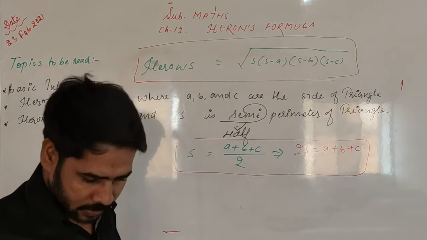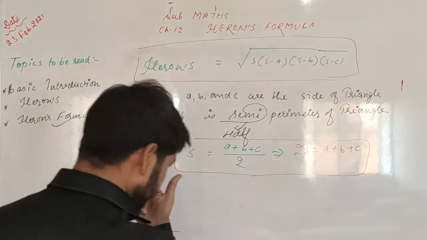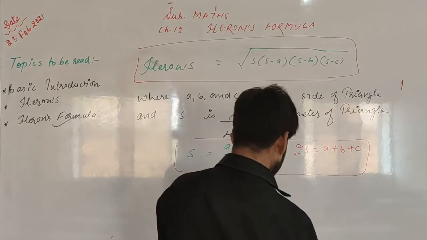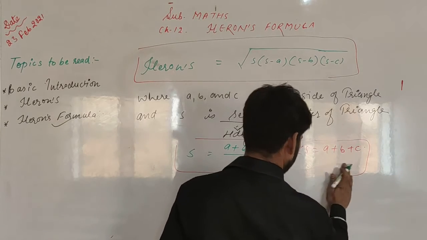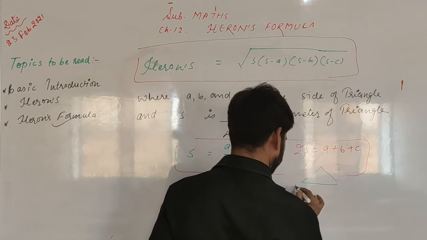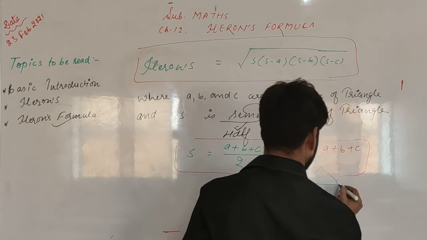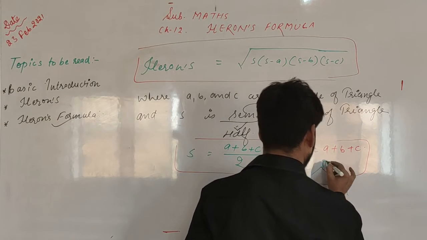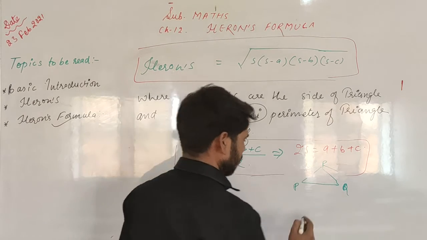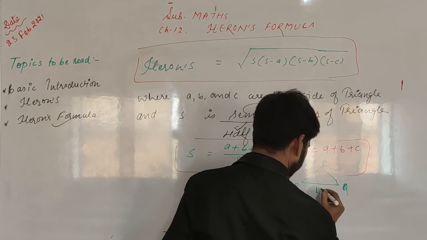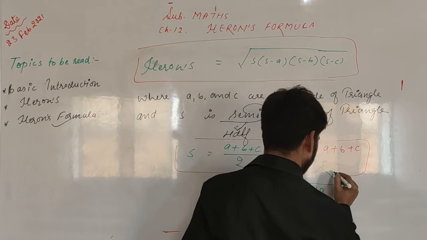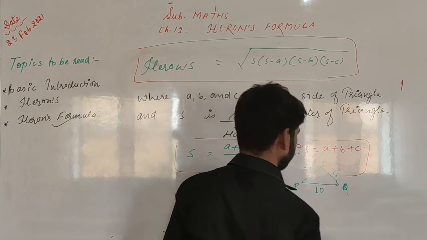Now take an example. Let PQR be a triangle with sides 10 centimeter, 5 centimeter, 7 centimeter.